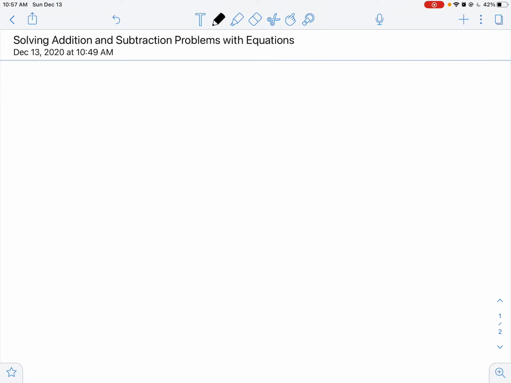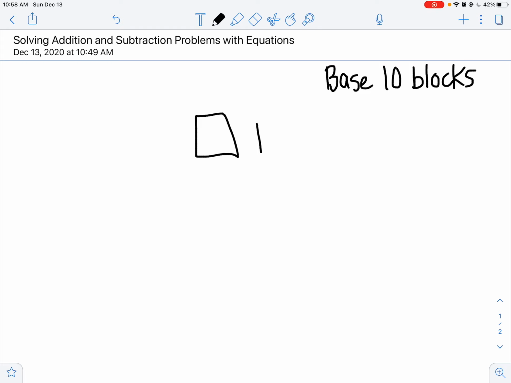Hello everybody! Today we're going to take a look at another way to solve addition and subtraction problems. Up until now, there have been a couple of ways you guys have been showing your work for adding and subtracting. One is by showing your base 10 blocks. That's when you draw your hundreds and your tens and your ones, and then you add them all together.